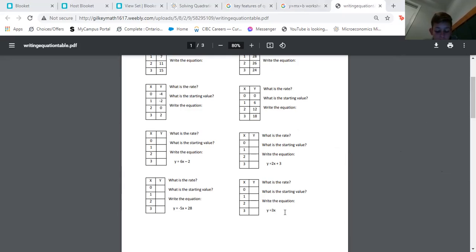So y equals 3x. What would be the rate of change? So it's going to start with 0, and then it's probably add 2 each time. Y equals 3x. Hold on.